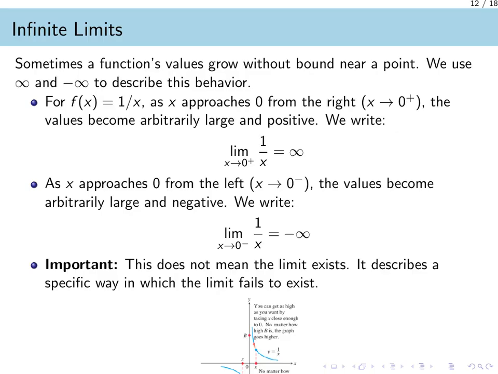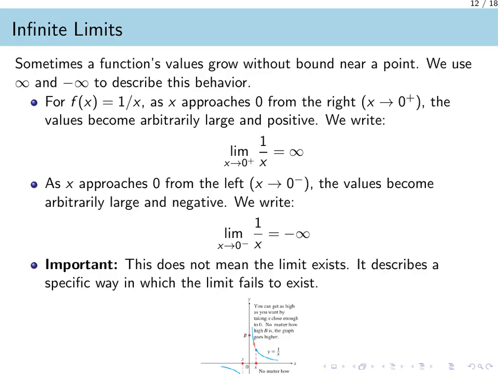As x gets closer to 0 from the right, through positive values, the function's output becomes arbitrarily large and positive. We write this by saying the limit as x approaches 0 from the plus side is infinity. In the same way, as x approaches 0 from the left, through negative values, the output becomes arbitrarily large and negative, which we write as the limit equals negative infinity.